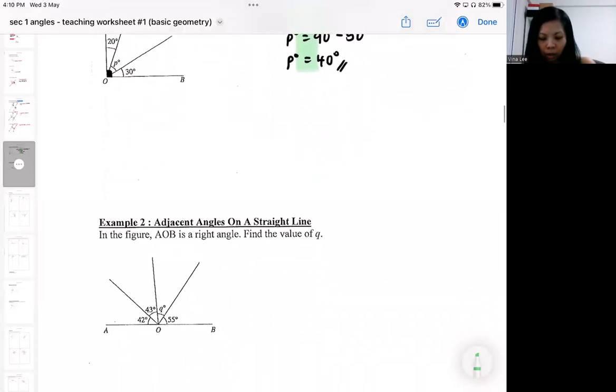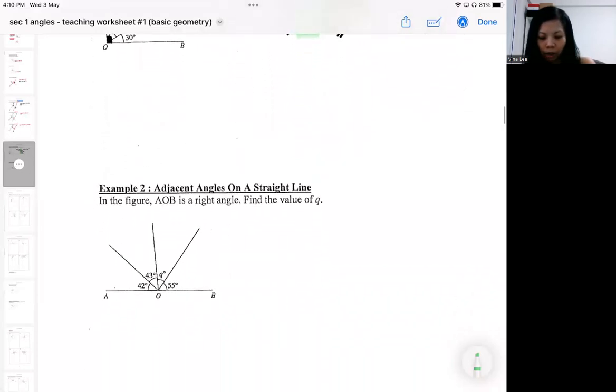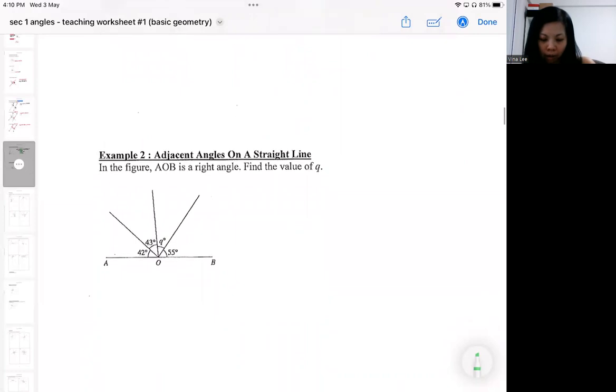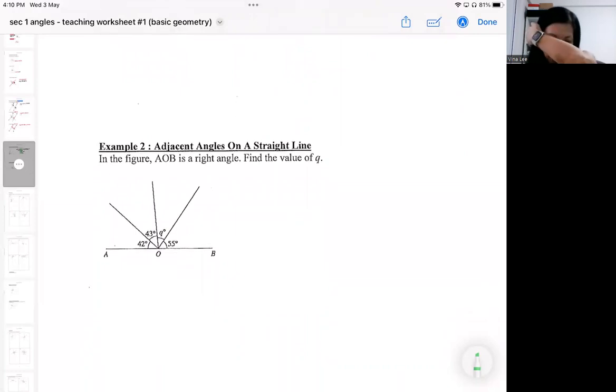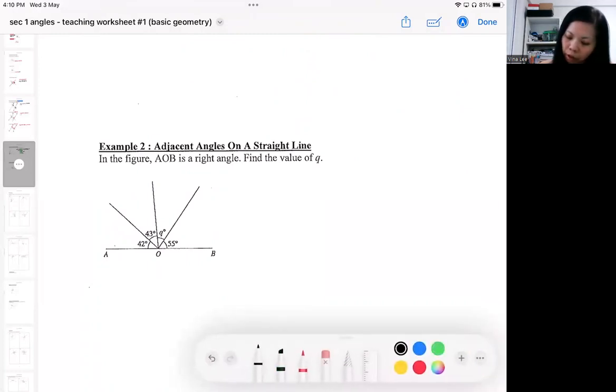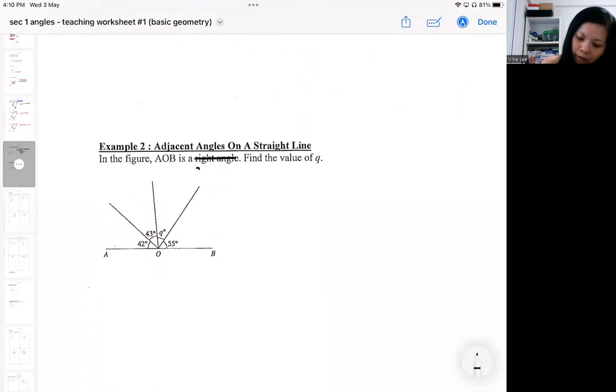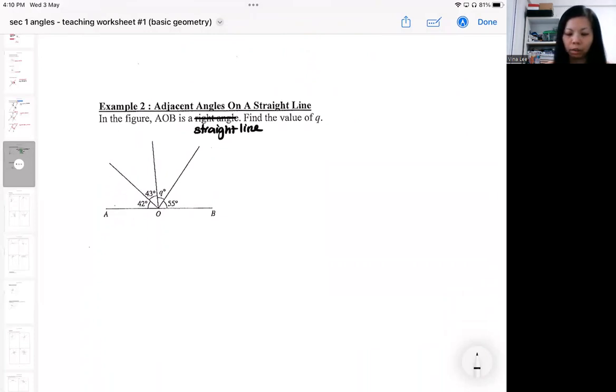Okay, the next one, we have a straight line. AOB is a right angle. AOB, I think there's a typo here. Please change it for me. I should type it as a straight line. So all the angles on the straight line should add up to 180 degrees. So here we got 4 angles sitting on the straight line.